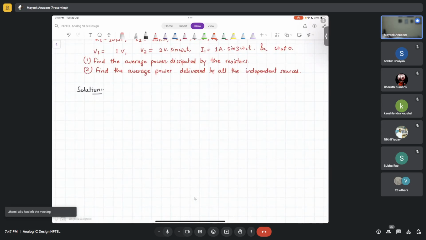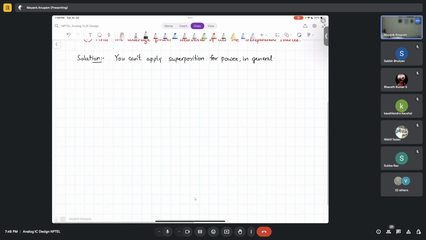So I said that you cannot apply superposition for power in general, right? I said that, isn't it? Yes.